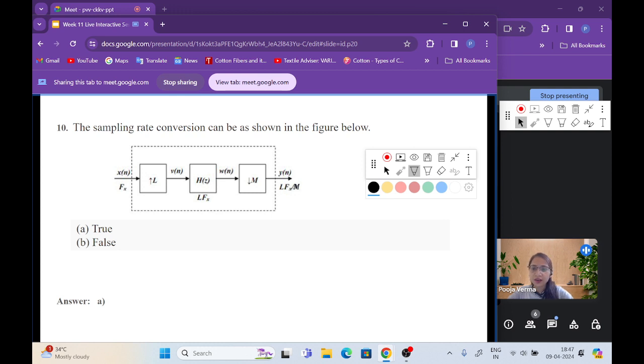So moving to the next question. The sampling rate conversion can be shown as in the figure below. This is true or false.